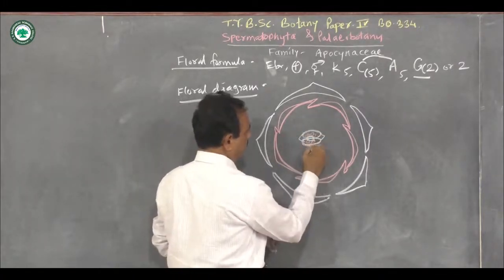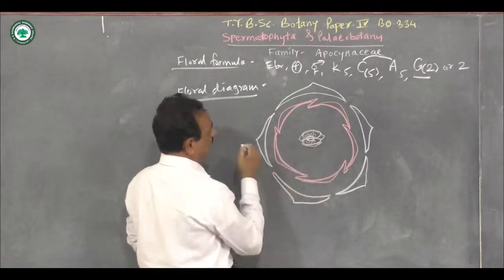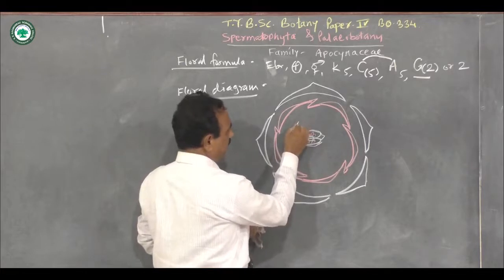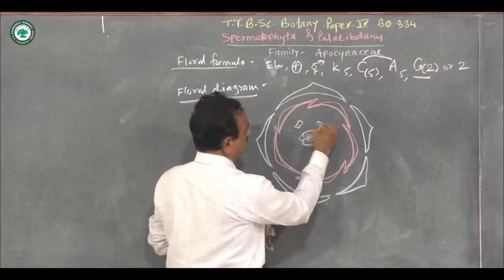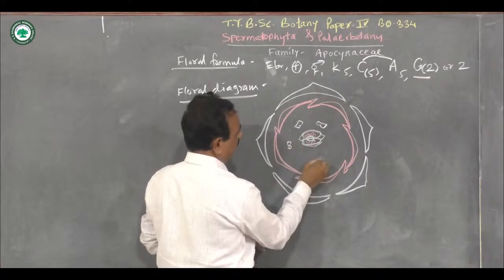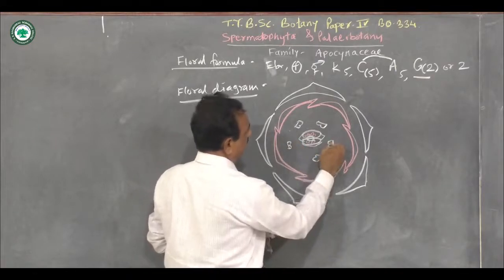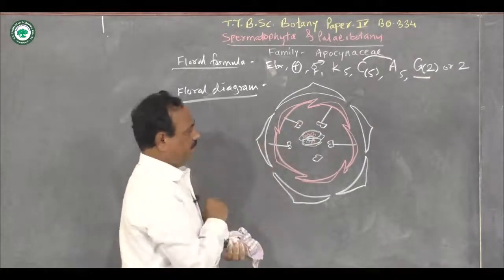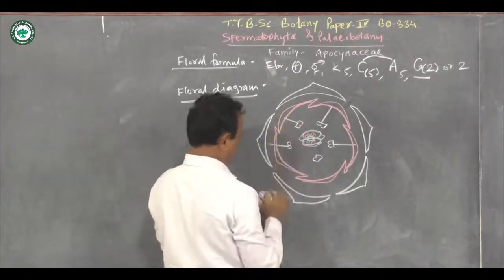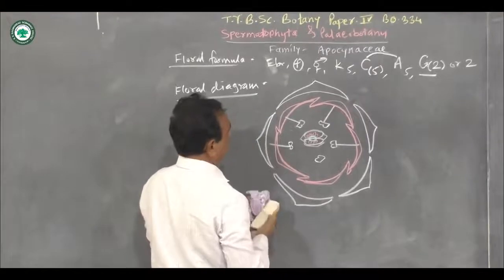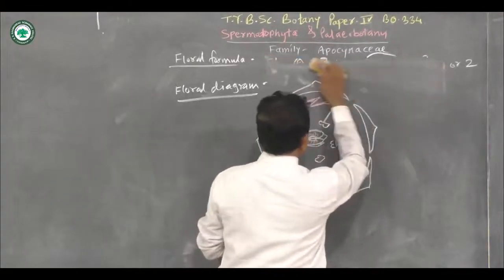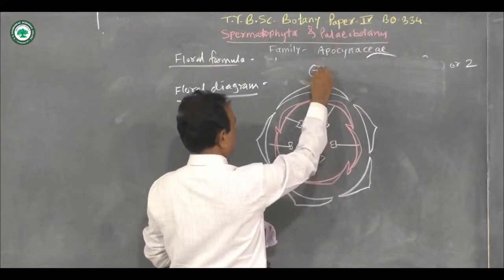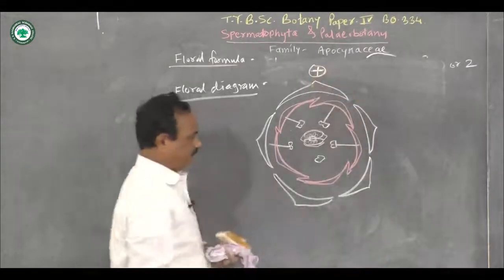So this is about the ovary, and it shows the presence of the stamens. The stamens are 5 in number, and they are epipetalous. So these are the epipetalous stamens, and here you see the flower. So this flower is actinomorphic.